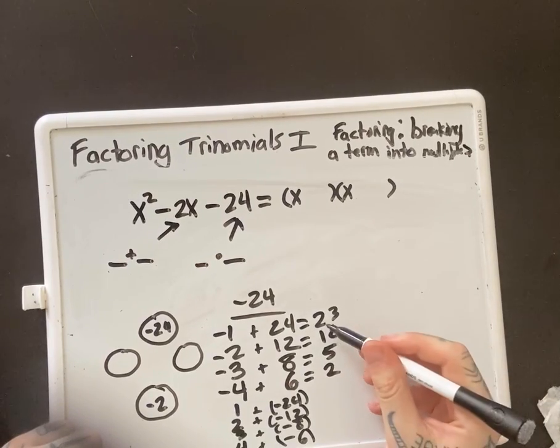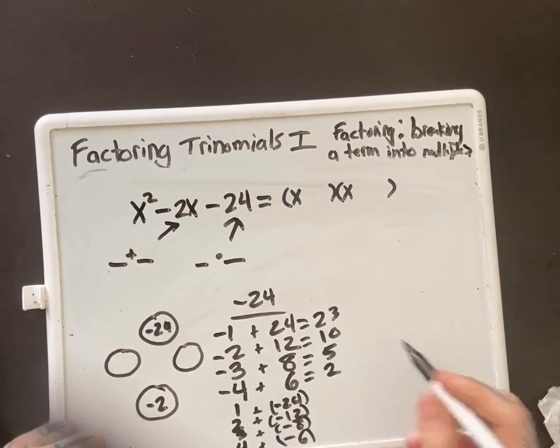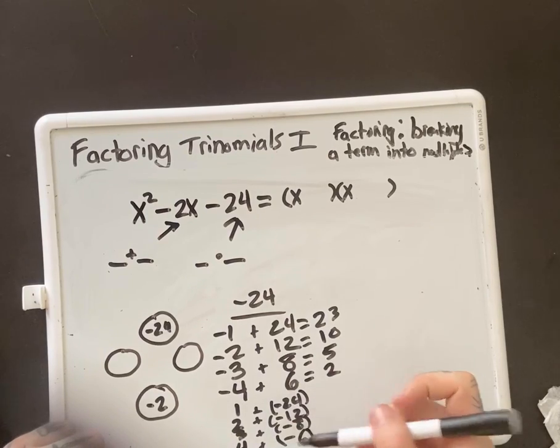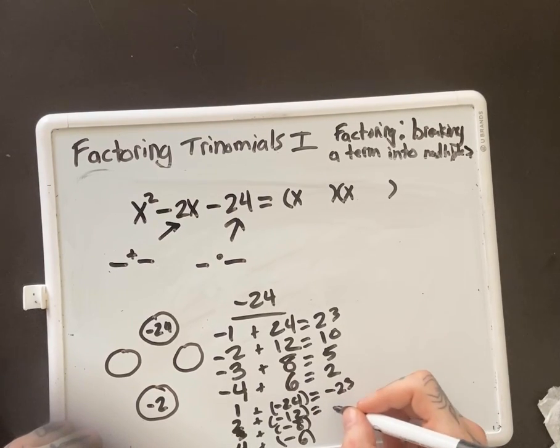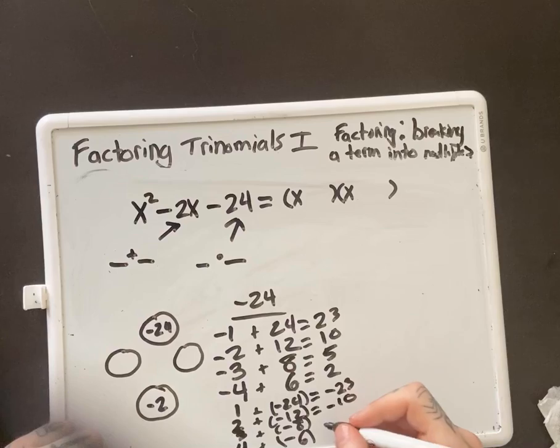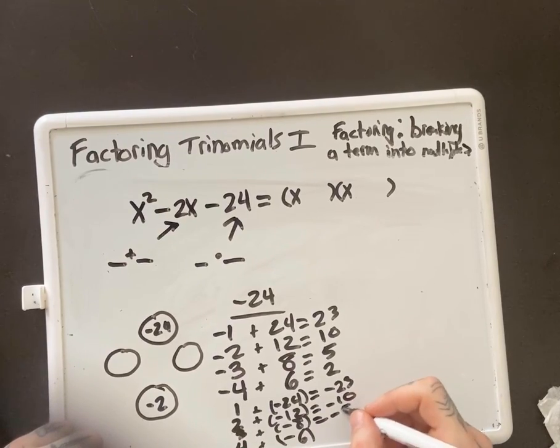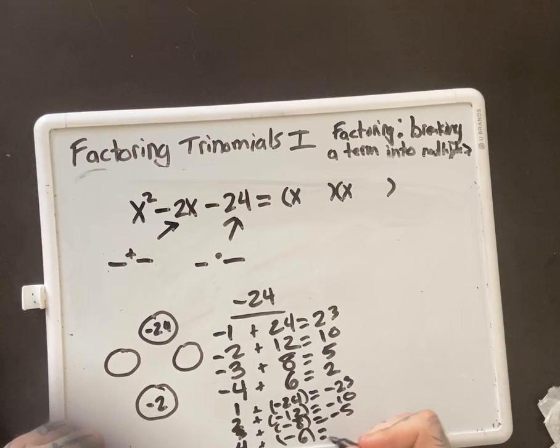I could have stopped after the first one and known these were all going to be positive, so I should have been looking for one where this side was negative, the larger number side. So this is negative 23. This is negative 10. This is negative 5. Notice they're just the opposite of these ones. So since this is 2, I know this is negative 2, and that's what I'm looking for. So the pair I'm looking for is 4 and negative 6.